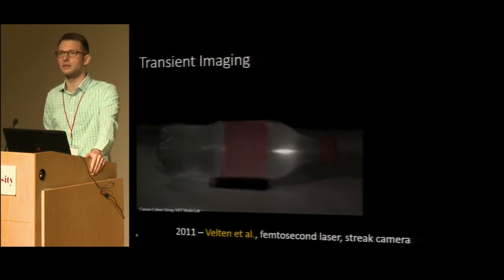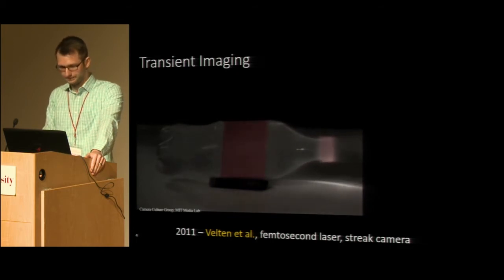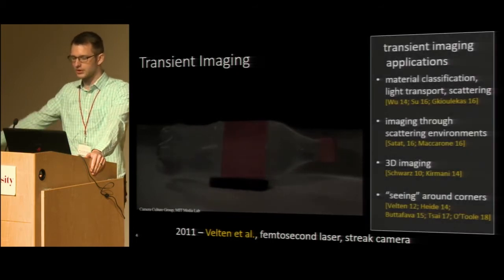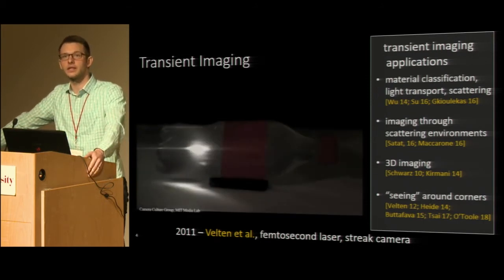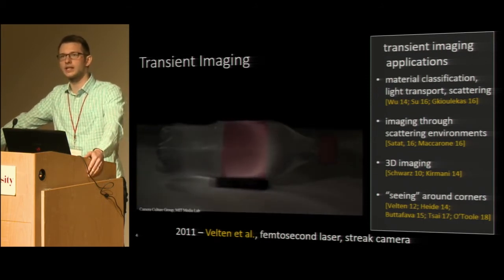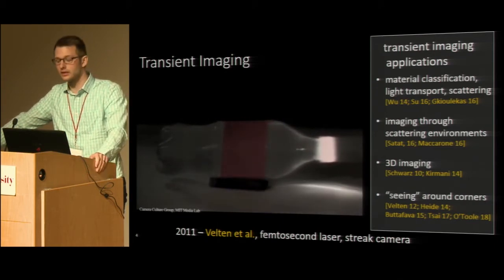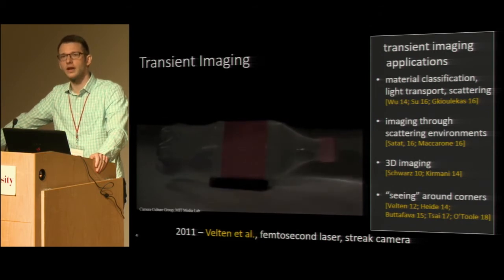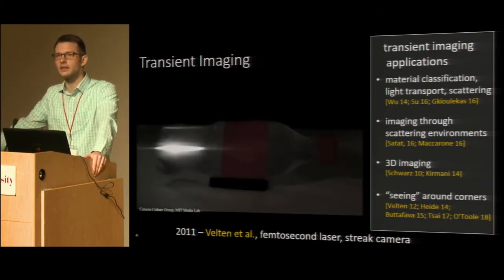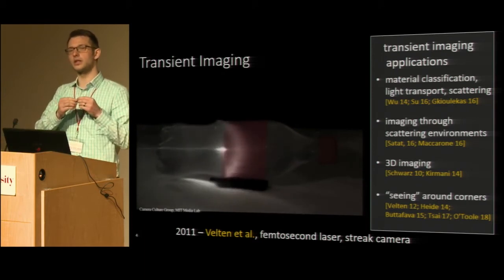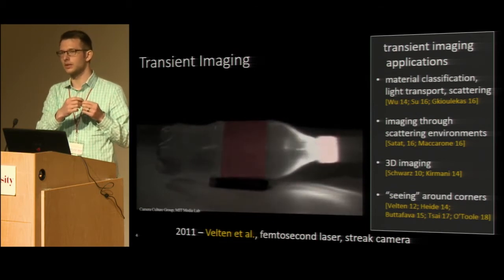And this type of high-speed image we call a transient image, in which we're actually visualizing the light transport. Now, transient images turn out to be very useful for a number of different applications, including materials classification, understanding light transport and scattering, an application of which I'll talk about a little later in the talk, imaging through scattering environments like fog or murky water, and also 3D imaging, where we're actually measuring the time it takes for a pulse of light to travel to an object and scatter directly back to a detector.